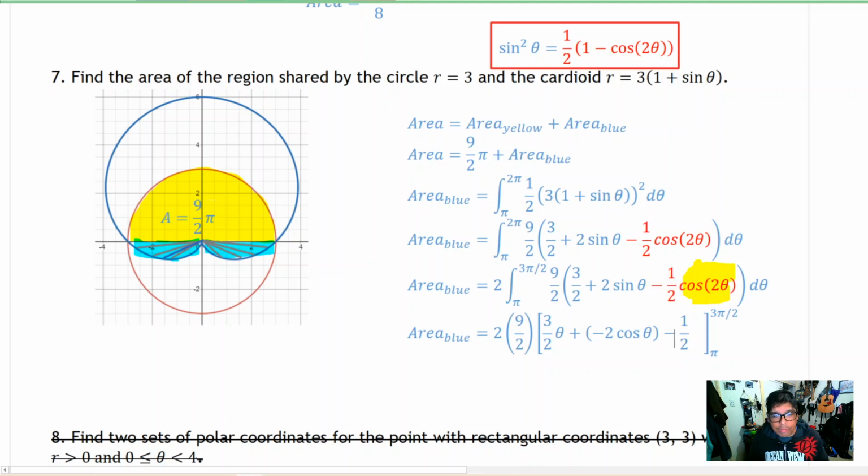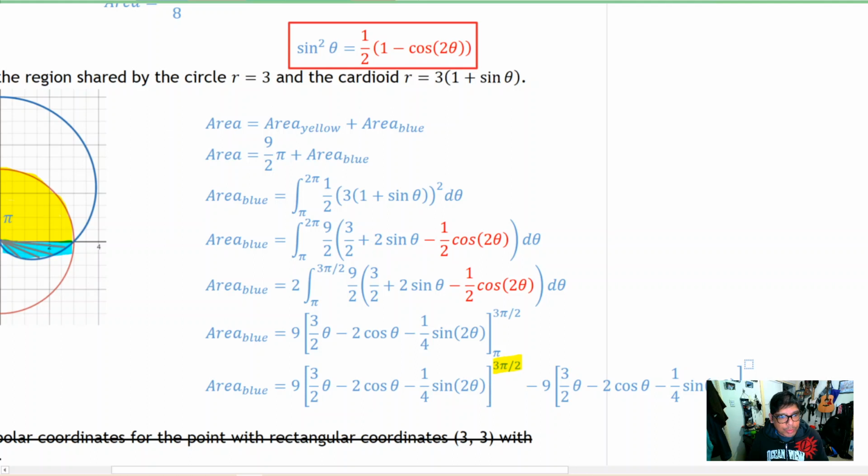And then the antiderivative of cosine 2 theta is sine 2 theta multiplied by 1/2 from the chain rule, or the u substitution, which we'll just multiply with a 1/2. And then a little simplification here, and we have ourselves an antiderivative. All right, let's substitute. First, we substitute 3 pi over 2.